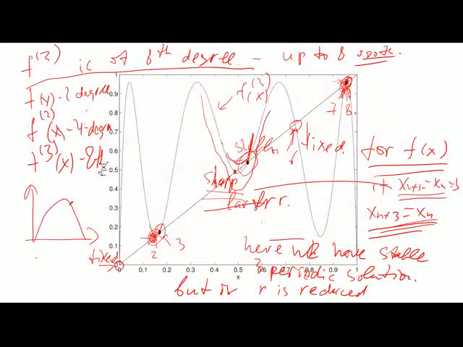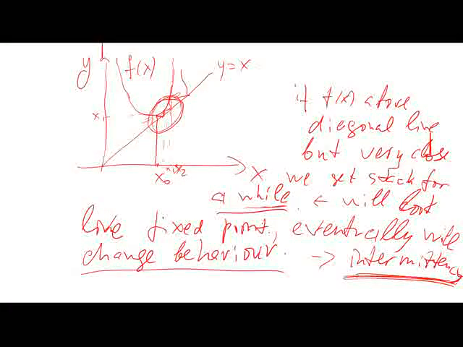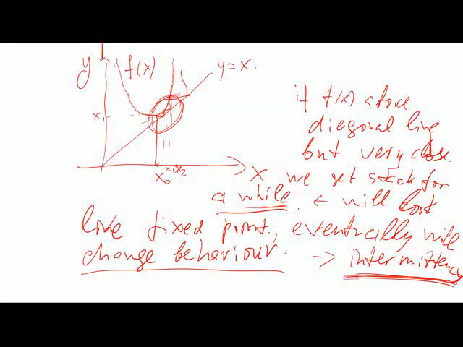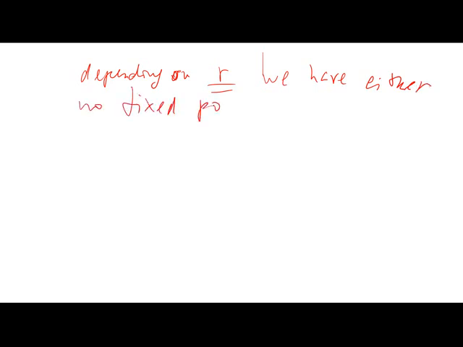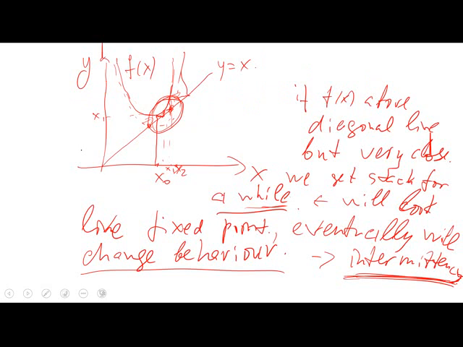Okay, and the next point: when we change the parameter and it crosses the diagonal line, depending on the parameter value, we have either no fixed points or 2.